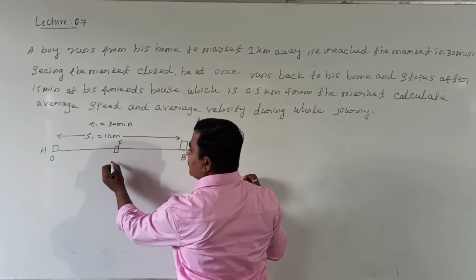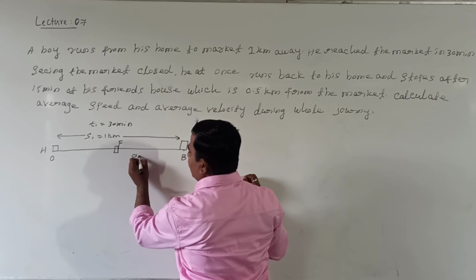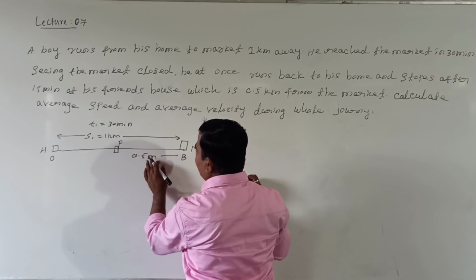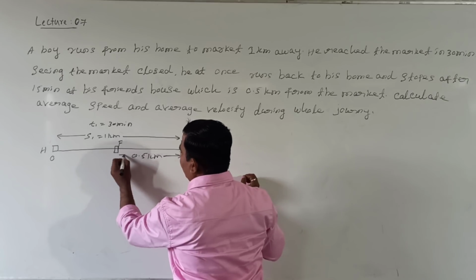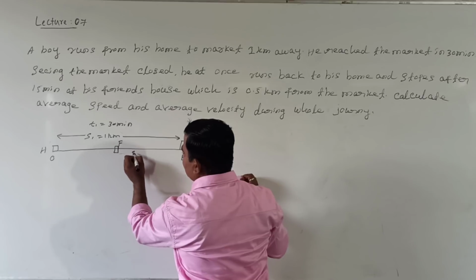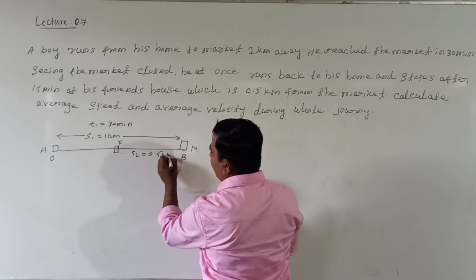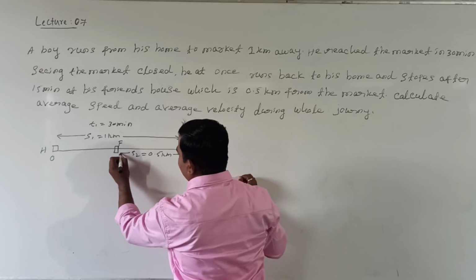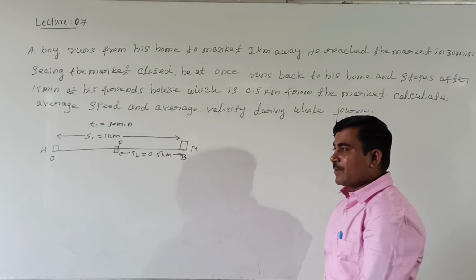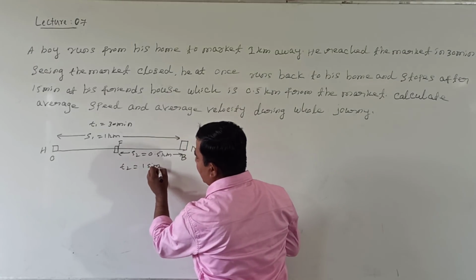How many kilometers is this? 0.5 kilometer, from here. 0.5 kilometer, not meter. This is S2. S2 is how much? 0.5 kilometer. In what interval of time? In the time interval of 15 minutes.